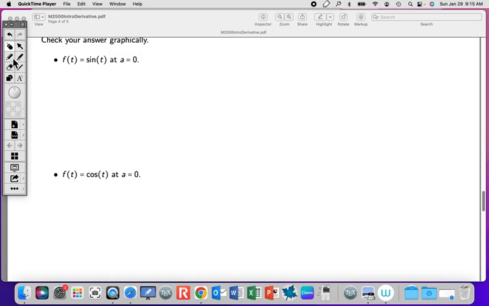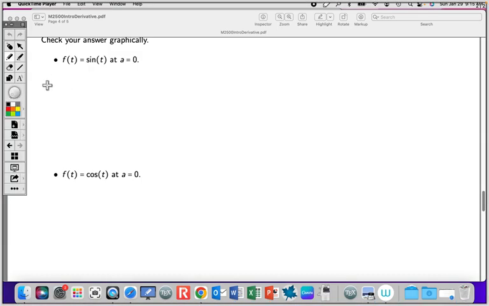So we're going to go ahead and bust out our formula here. The slope of the tangent line is the limit as t goes to a of f of t minus f of a over t minus a. So in this case, our a is 0.